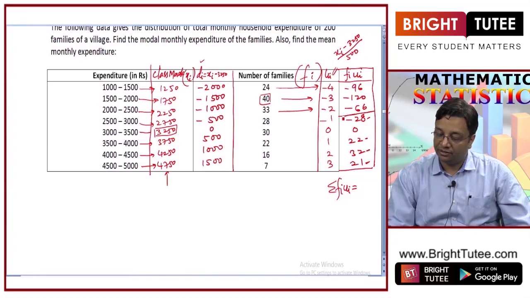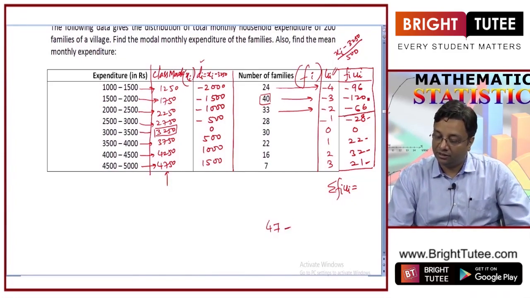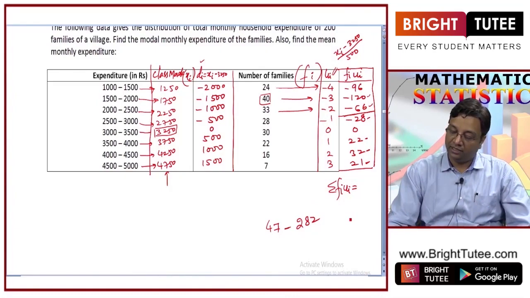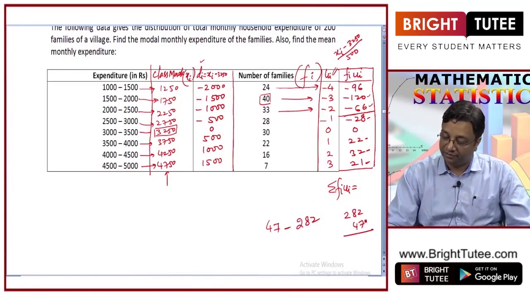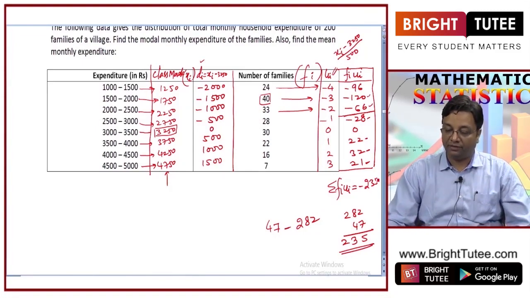So 47 minus these numbers. So this is 120 and 66 is 186, and 96, so 282. So it is 282. So you just have to subtract 47 from it and then we will apply the negative sign. 12 minus 7 is 5, 7 minus 4 is 3. So it is 235, with a negative sign, minus 235.